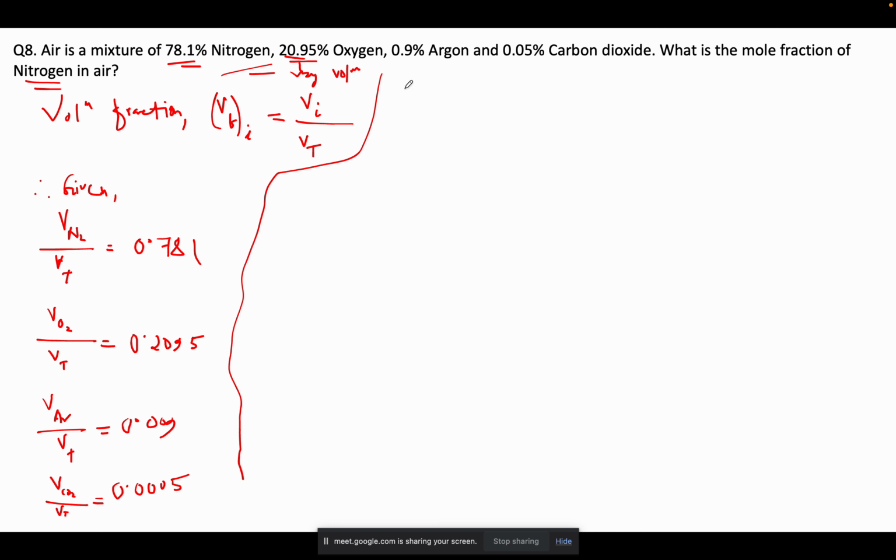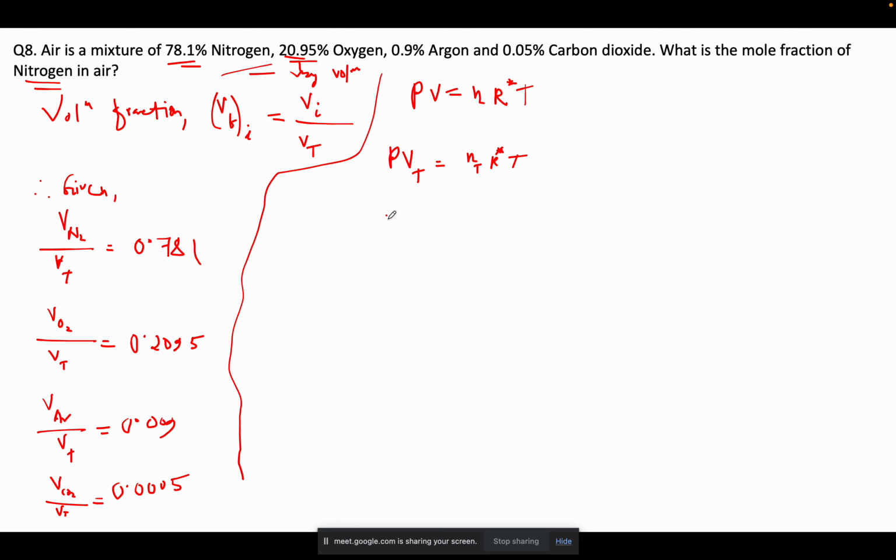Now we know the ideal gas equation PV equals nR*T, where n is the number of moles and R* is the universal gas constant. So PV total will be equal to N total R* T, because whenever there is a mixture, the total temperature will always be equal to the individual gases' temperature.